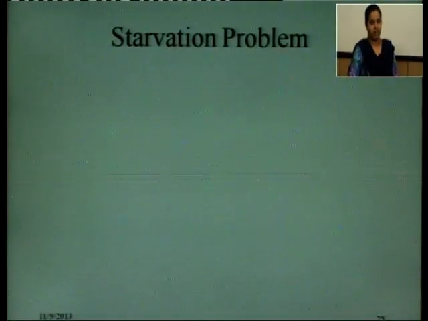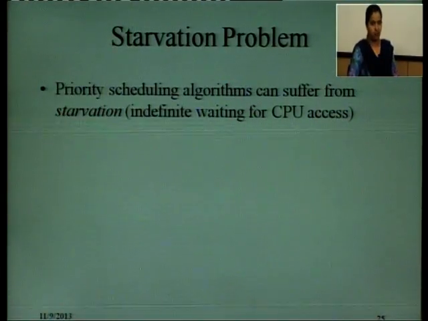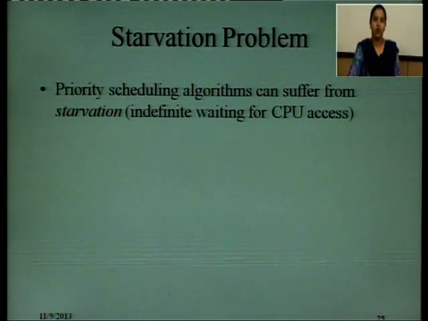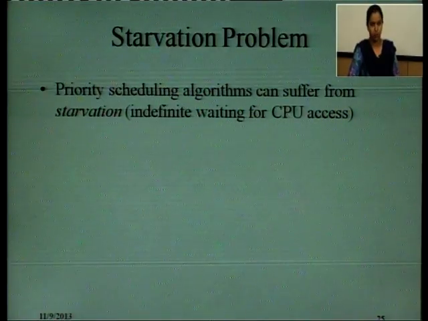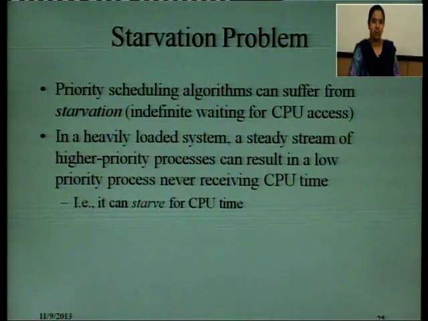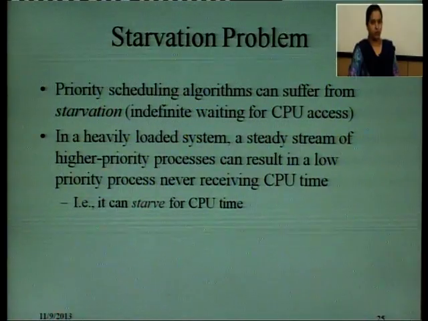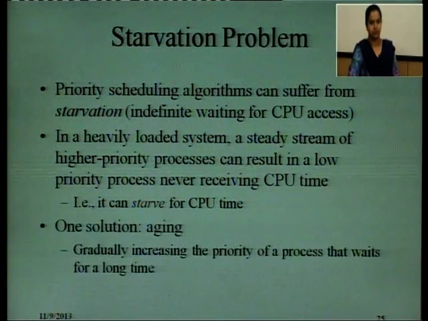But there is one problem, starvation. What is the starvation problem? Priority scheduling algorithms can suffer from starvation, meaning indefinite waiting for CPU access. In a heavily loaded system, a steady stream of higher priority processes can result in low priority processes never receiving CPU time.